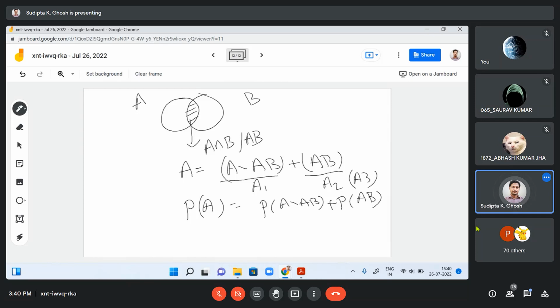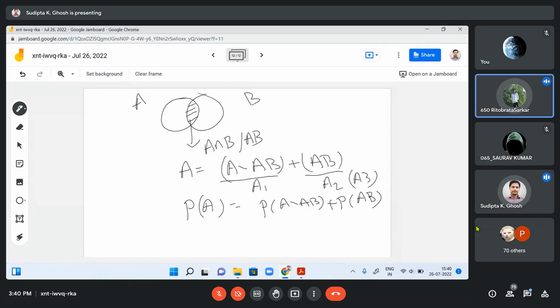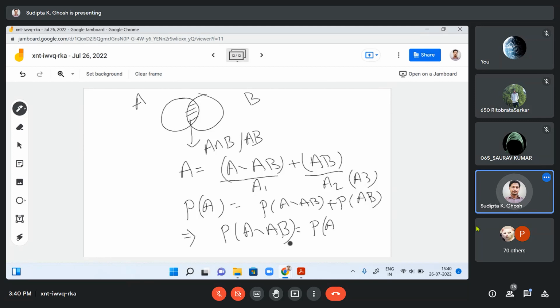Is it fine? Okay. So probability of A is equal to probability of A minus AB plus probability of AB. So from this point of view, I can now write probability of A minus AB is probability of A minus probability of AB.